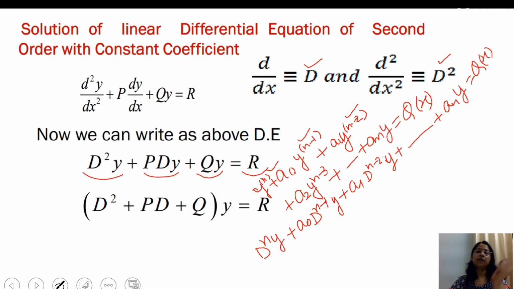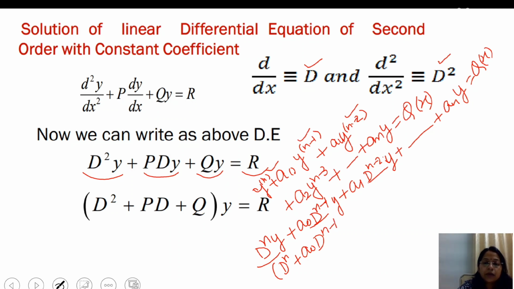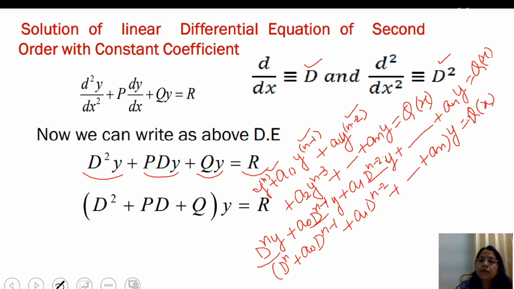Since we know that these capital D are differential operators of various orders, but the nth term is not having any differential operator, that means y is not differentiated, so I can write these differential operators in a bracket: D^n plus a0 D^(n-1) plus a1 D^(n-2) plus and so on, a_n, times y is equal to q(x).